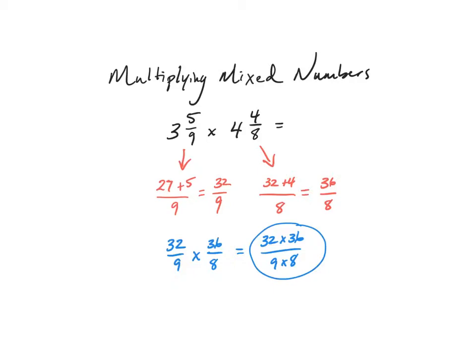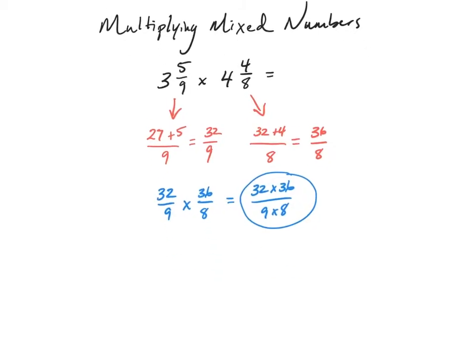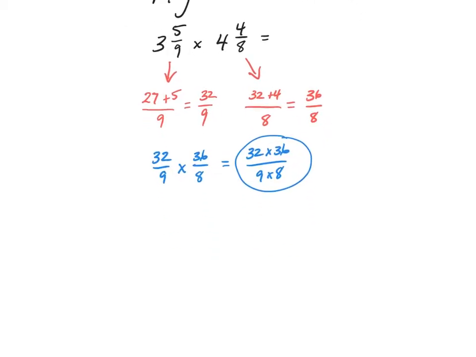Before I show you how to do cross-simplification, I'm going to show you why it works. The commutative property of multiplication tells me that this problem, 32 times 36, is the same thing as 36 times 32, and in the denominator 9 times 8 is equal to 8 times 9.